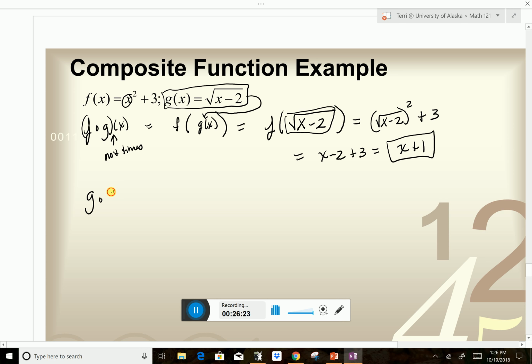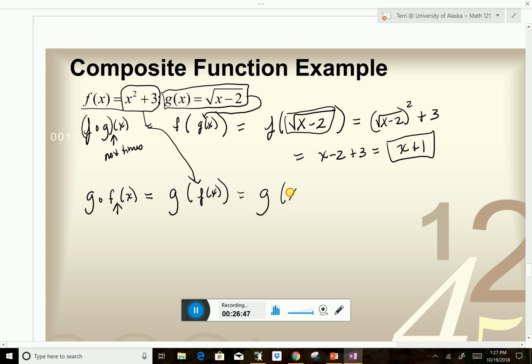But if I go the other direction, that's not going to work the same. Again, not times. The outside function is g, and the inside function is f. So I have to do f first. So this function f goes in here. This is g of x squared plus 3. Now this g is going to take this, subtract 2, and then take the square root.